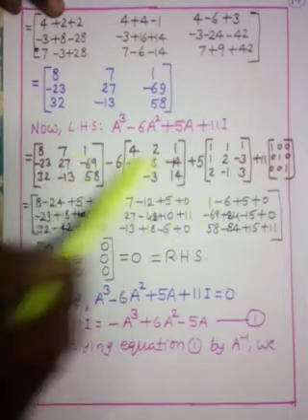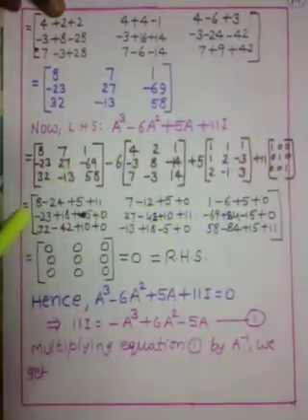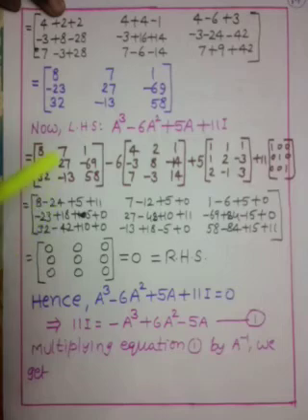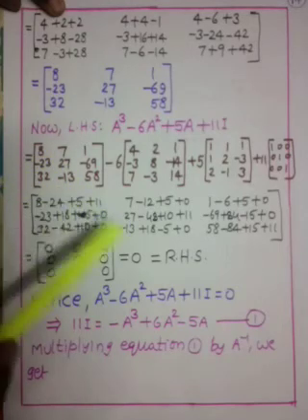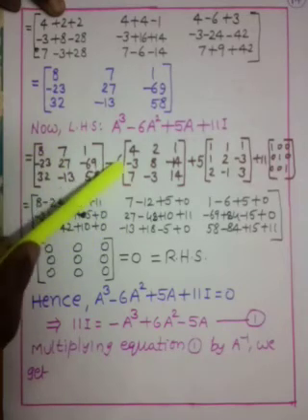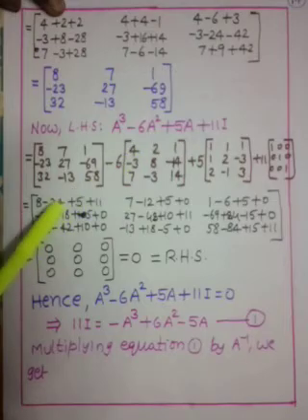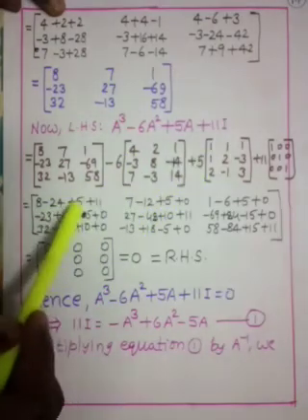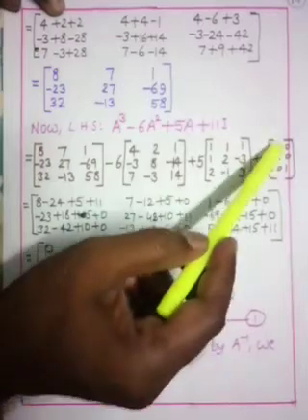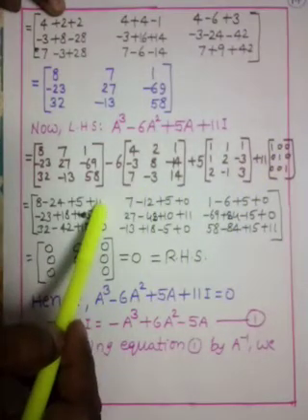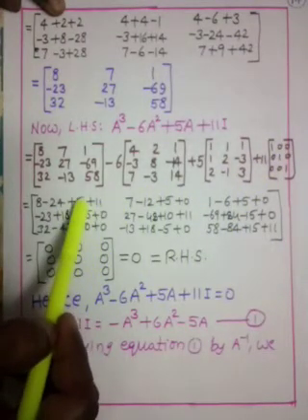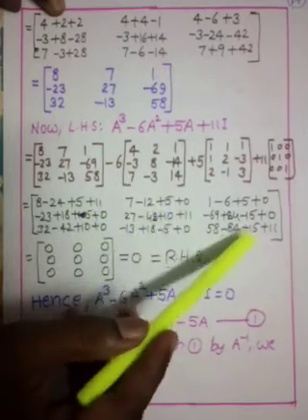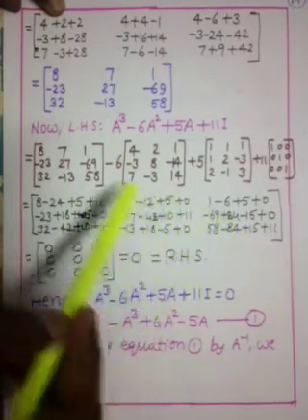Okay, my children, understood this step? Right. That is equal to, I am writing the elements directly. 8 minus 6 into 4 minus 24 plus 5 into 1 plus 5 plus 11 into 1 plus 11. Understood the first element? Similarly, I wrote the remaining elements also directly.